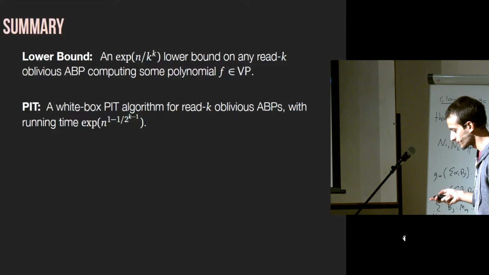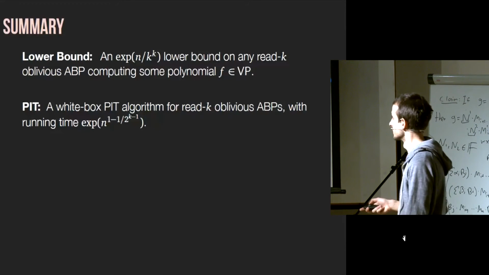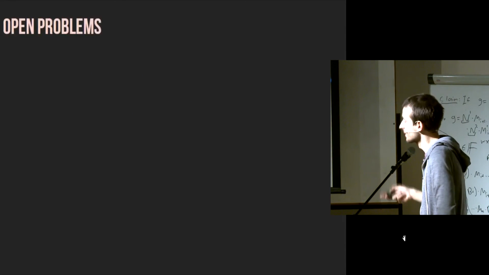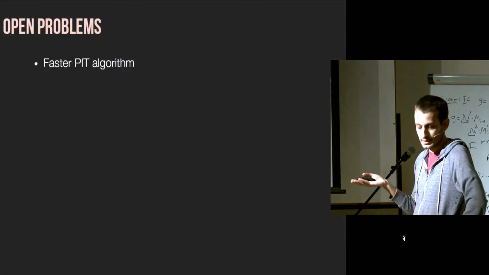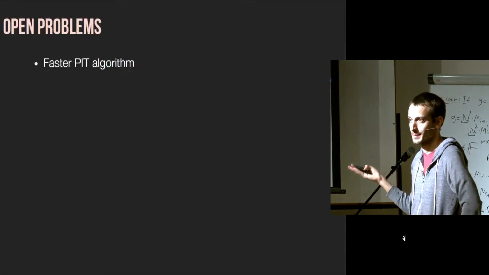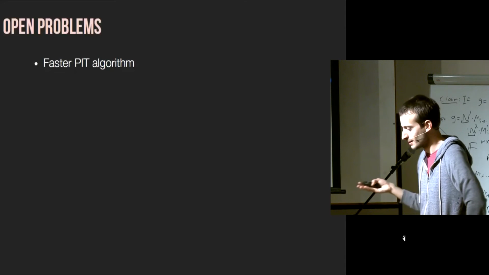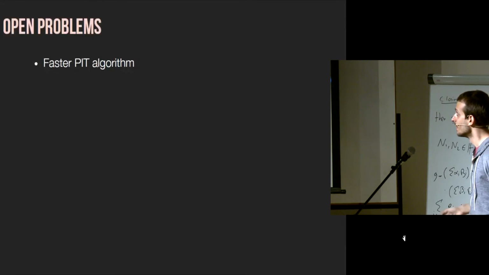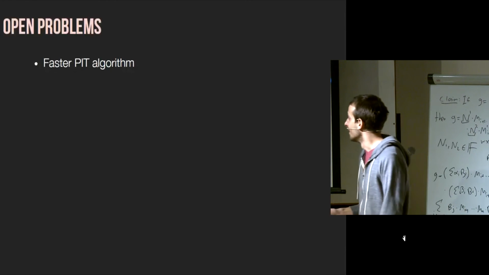It's non-trivial, and there are many open problems. I've just listed a few. Of course, the most urgent thing is to come up with a faster algorithm. So you should run out and do it now because it's urgent.